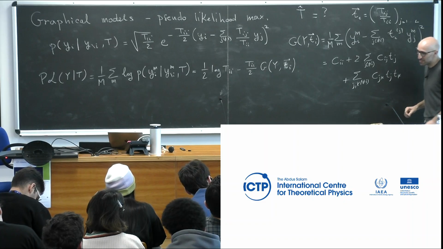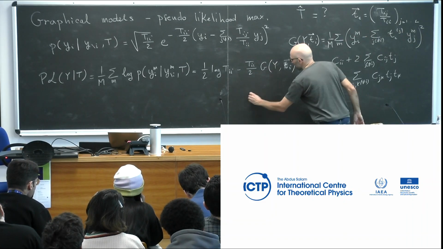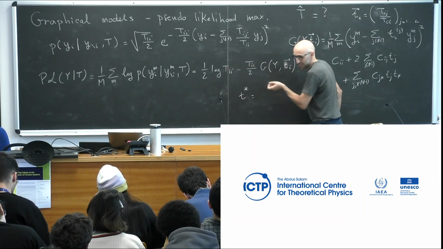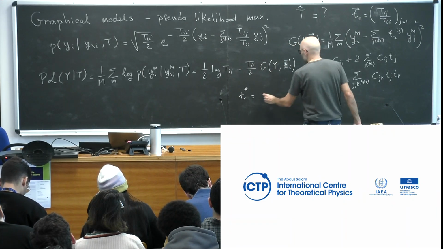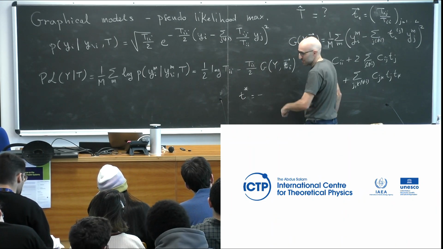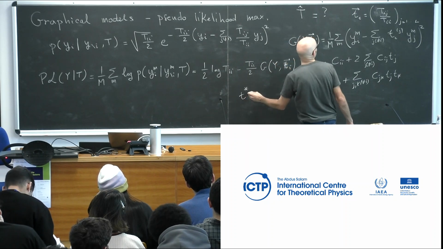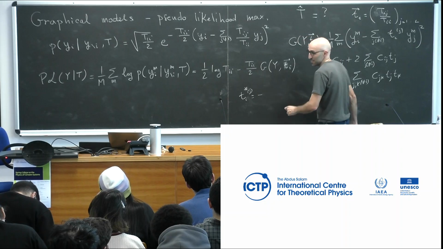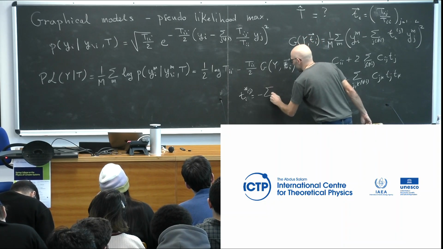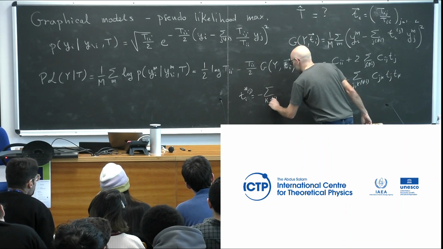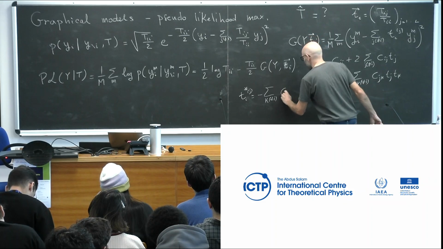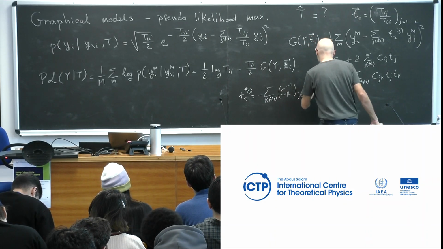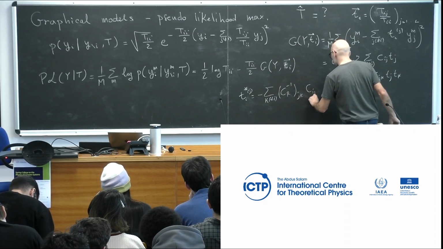You can optimize, and you get your estimator T star, let's say the vector T star, which is given by, okay, let's write it in this way, T star_i component j is equal to minus the inverse of this matrix times C times this one, right?